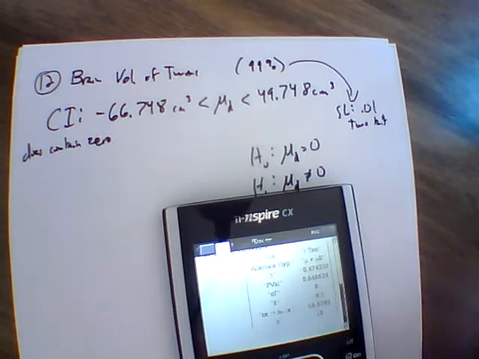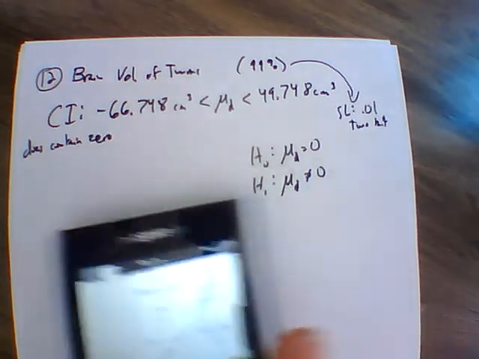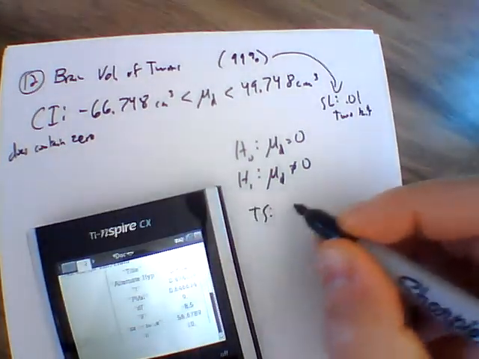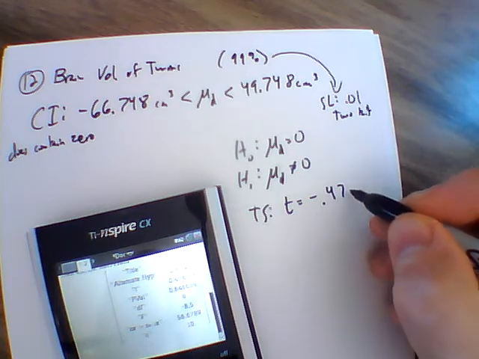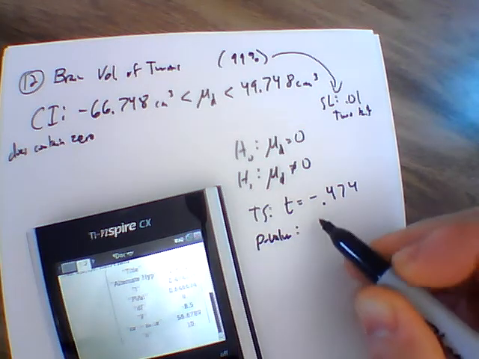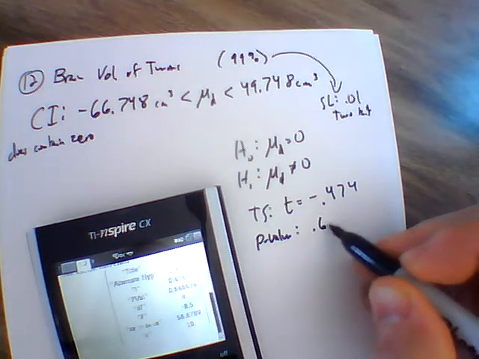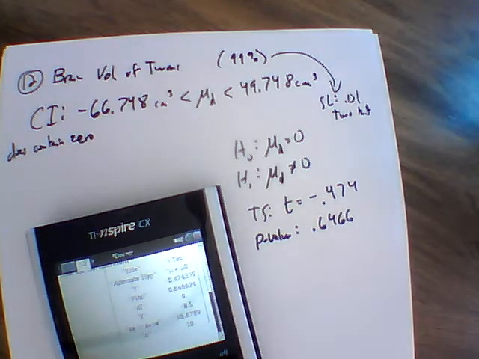So we come in here and we see that we have our t value, so our test statistic is t equals negative 0.474. Our p-value is 0.646624 in there.